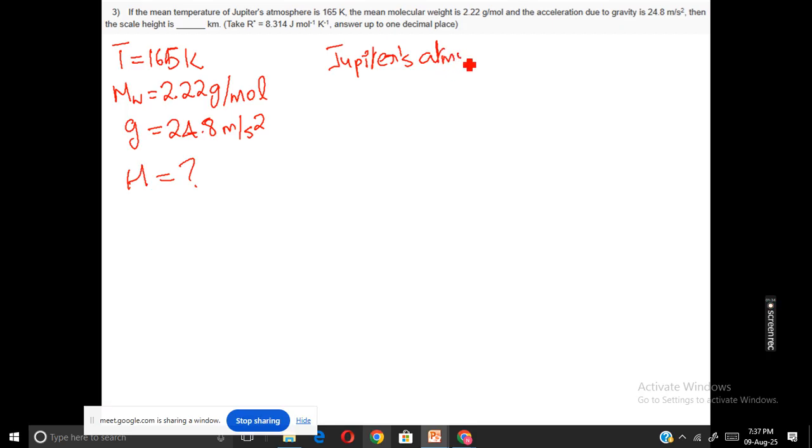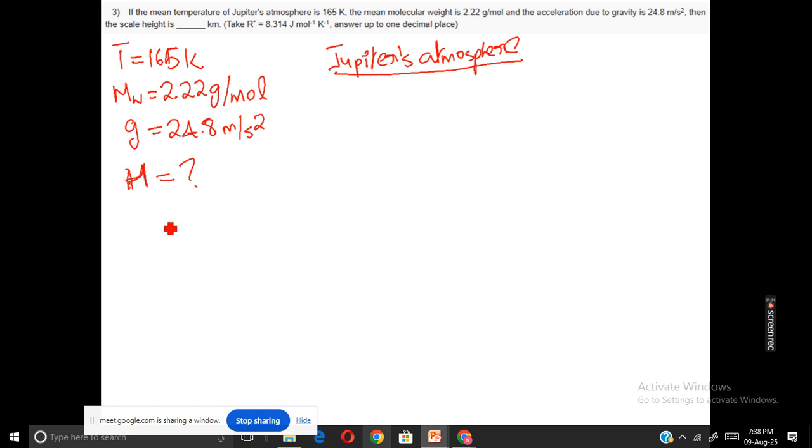The mean temperature is 165 Kelvin, the molecular weight is 2.22 gram per mole, and the acceleration due to gravity is 24.8 meter per second square. What is the scale height of Jupiter's atmosphere? That is the question.